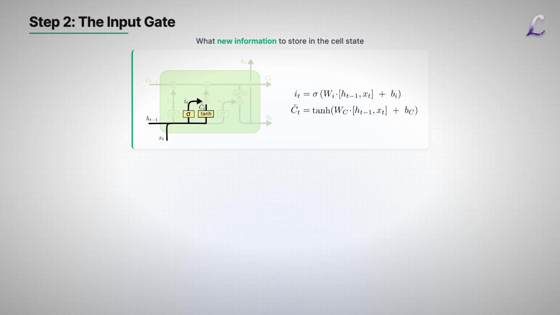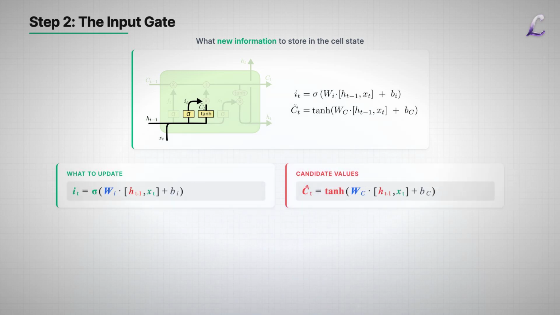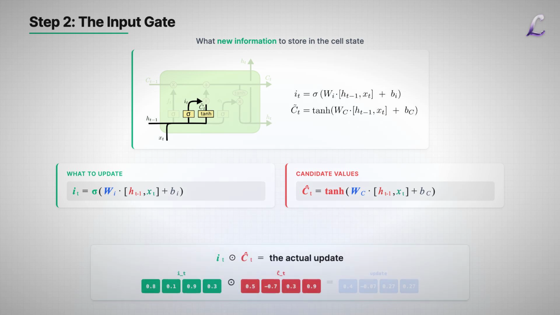Second, the candidate values C̃_t, a tanh layer applied to the same concatenated input, producing values in -1 to 1. The tanh is important here. It means the candidate can both increase and decrease cell state values, allowing bidirectional updates. The product i_t times C̃_t gives you the actual update. The input gate selects which dimensions to write, and the candidate values provide what to write.